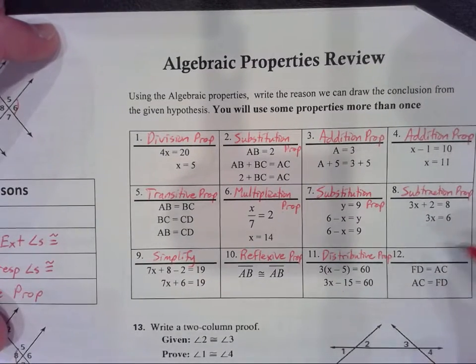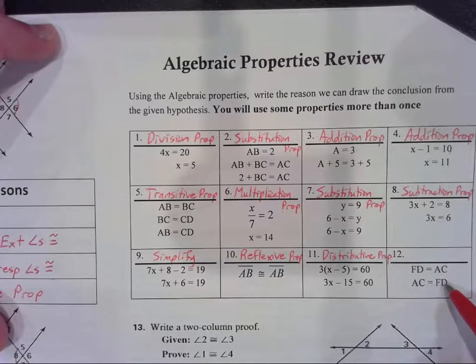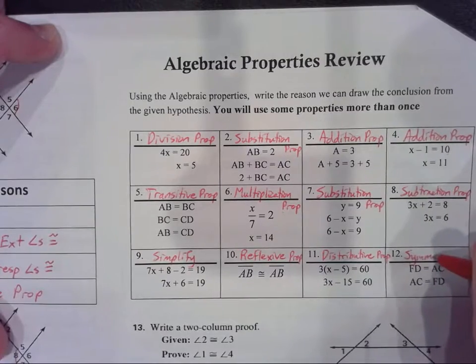Number 12, FD equals AC changes to AC equals FD. The AC moved to the left side, the FD moved to the right side. It's the same equation, just the two sides switch places. That is the symmetric property.